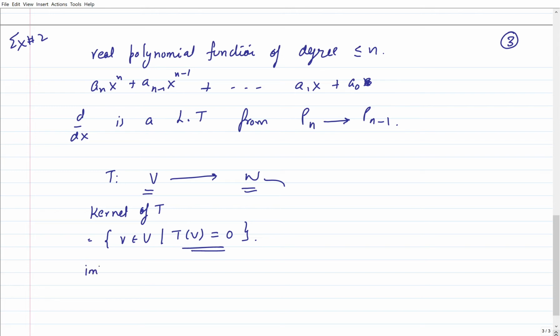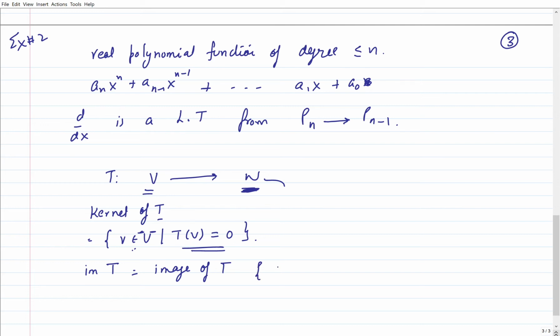And the image of T, known as the image of T, is a subspace of W. The kernel of T is a subspace of V, the vector space, and the image of T is a subspace of the vector space W.